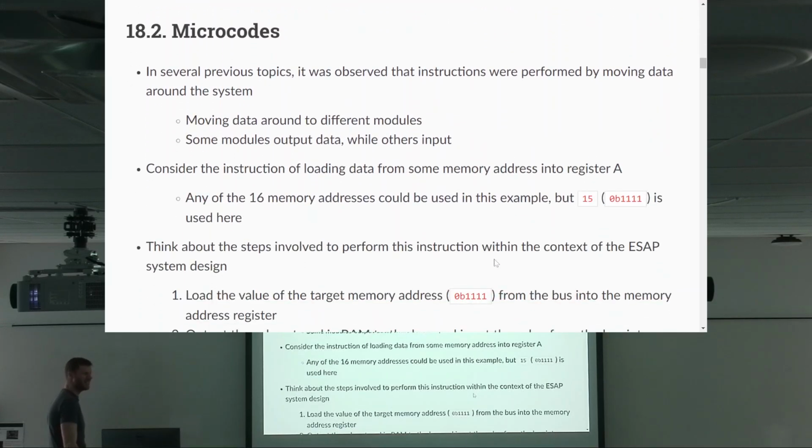There's also this idea of microcodes. Have I talked about microcodes before? I think I brought it up, but it was really quick and with no context, so it probably wouldn't have stuck.